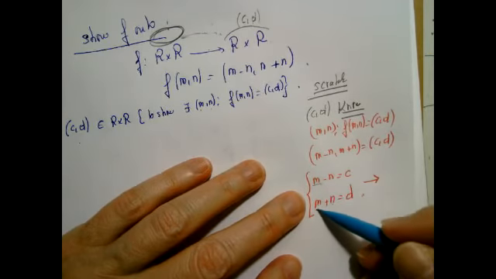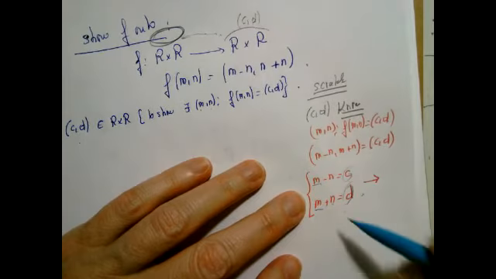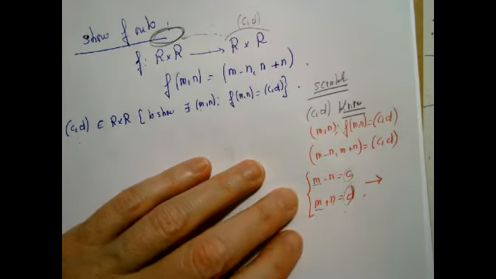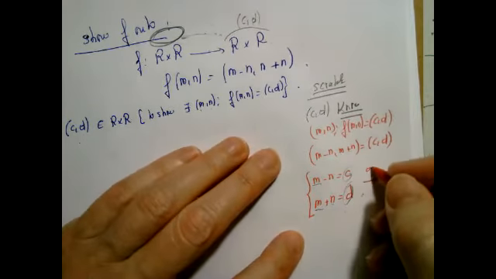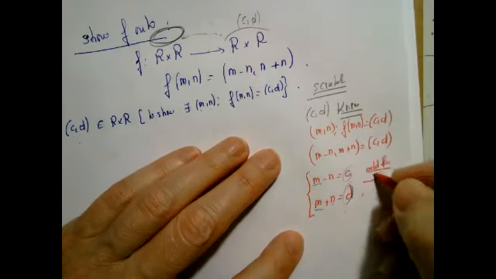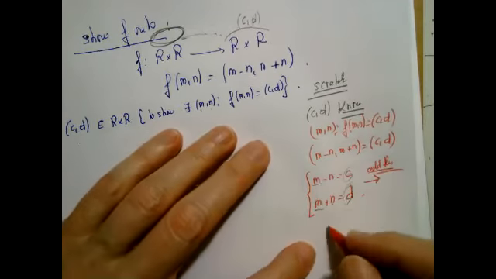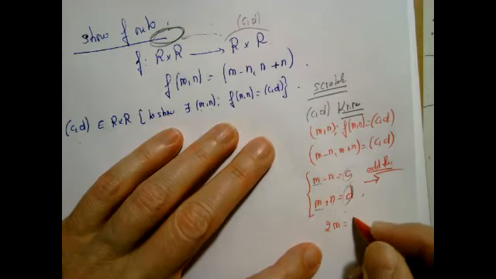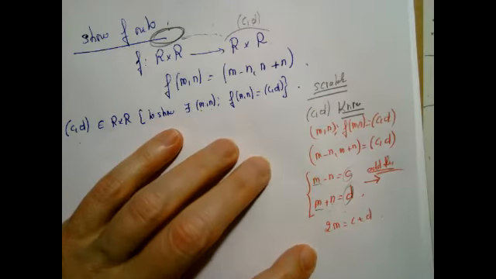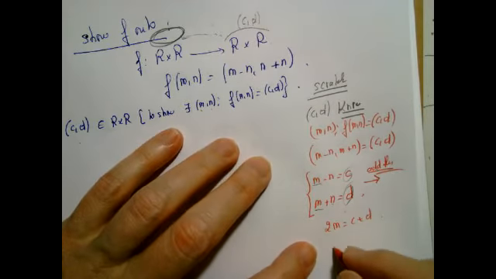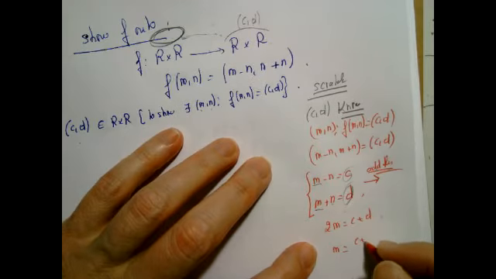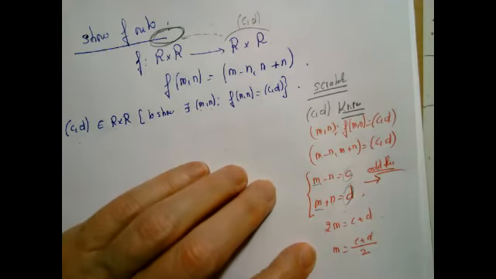The unknowns are m and n. If we add them, we can use the elimination method. I will get 2m equal C plus D, which will give me m equal C plus D over 2.